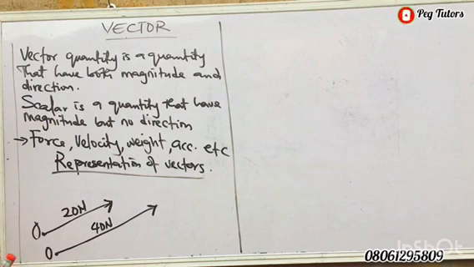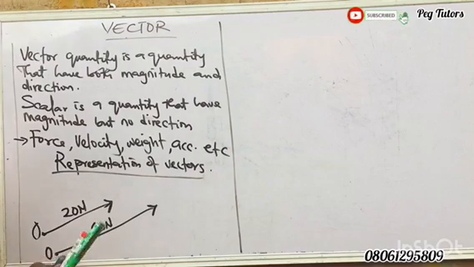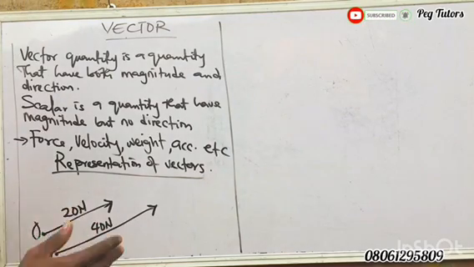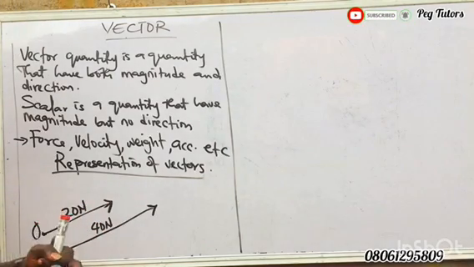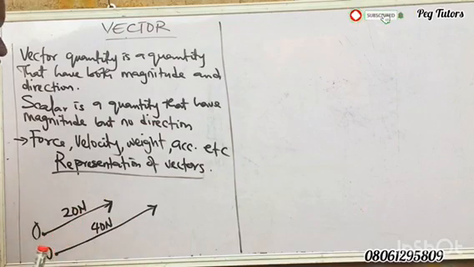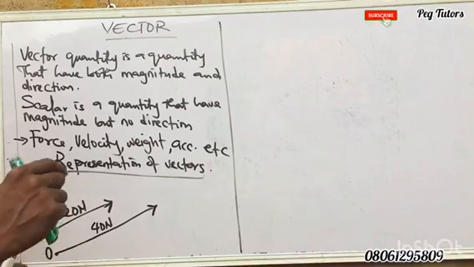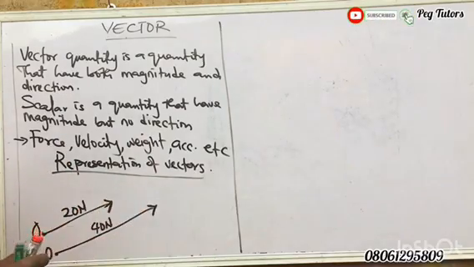Next, let's look at how to resolve vectors. If we have two or more vectors acting on a body to put the body in motion, the question is, how do we resolve vectors into a single vector? Resolution of vectors is to find the resultant vector.